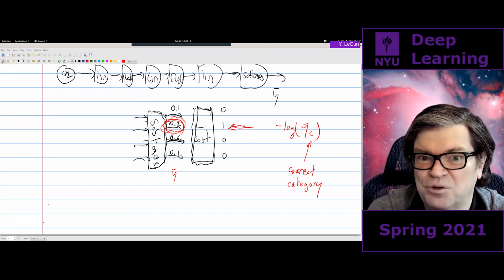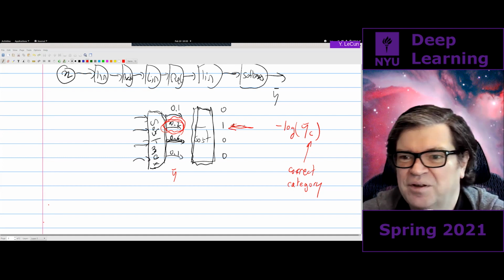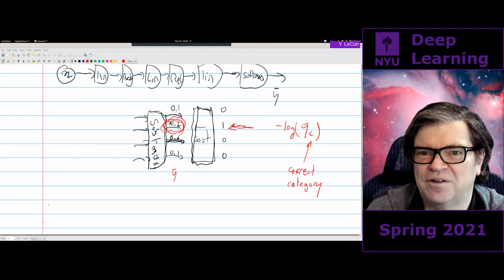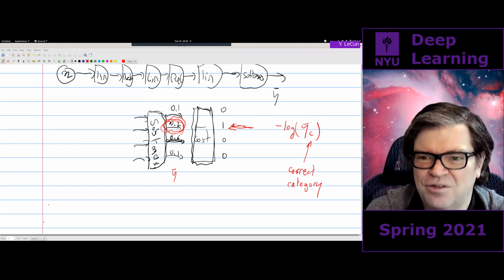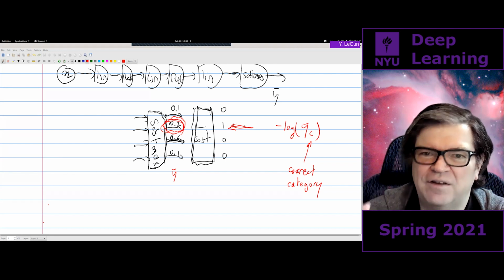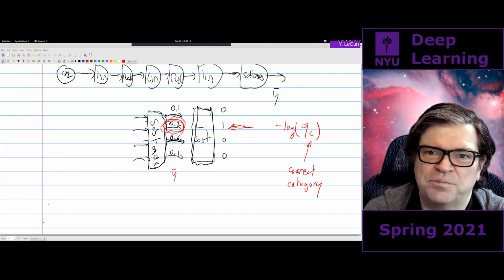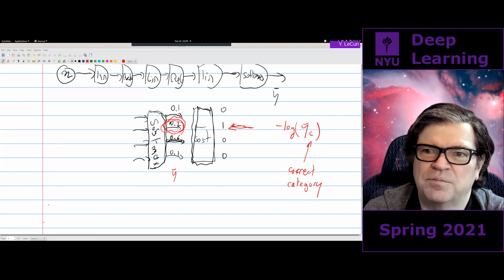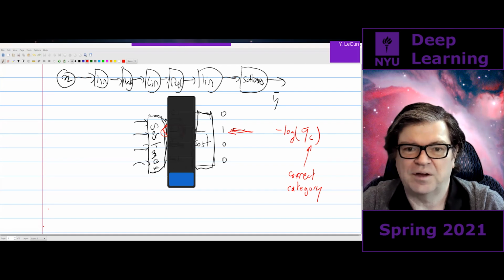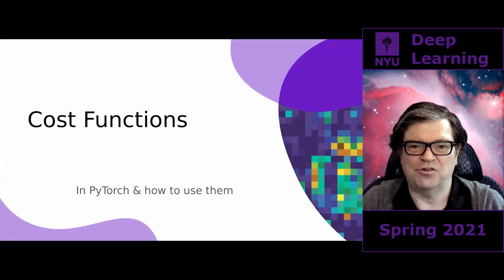That's why I need to compute the log softmax. That's because it's going to get into my loss function. So minimizing the negative log softmax of the correct category is the main way to train a classification system in deep learning. That's what most people use. I'll come back to this in a second. Okay, so that's why log softmax is so important.